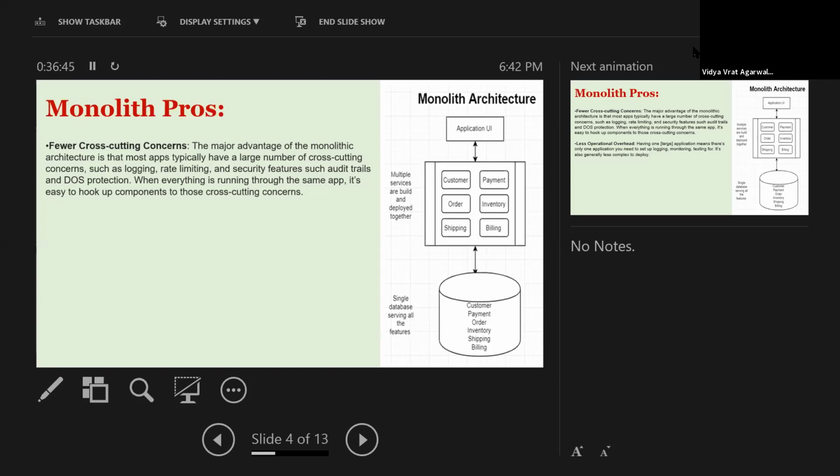Are we good with this? That's exactly what a cross-cutting concern is. Think about security. Security is a cross-cutting concern. You cannot write security only for one. What does security mean? Only an authenticated customer can access it. How would you authenticate? There are different ways of doing it. And then what will you do? You will do security here.